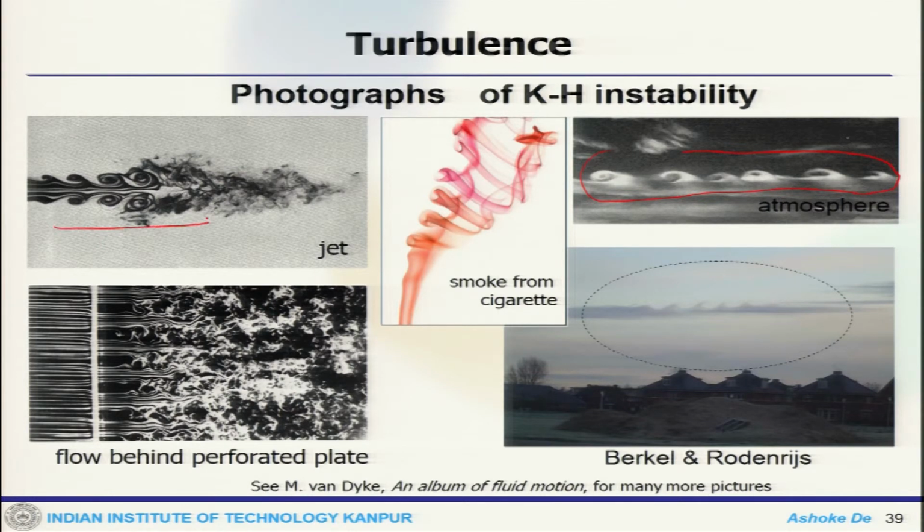Now, in the jet also you see this instability, this could be due to velocity gradient, this could be due to density gradient, then there is a flow behind a perforated plate. So, you can see the instabilities.